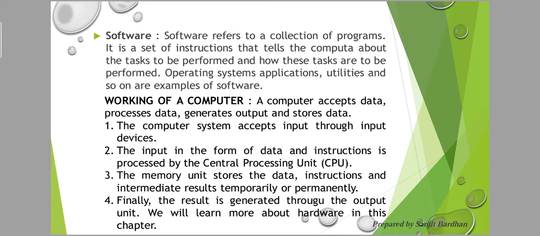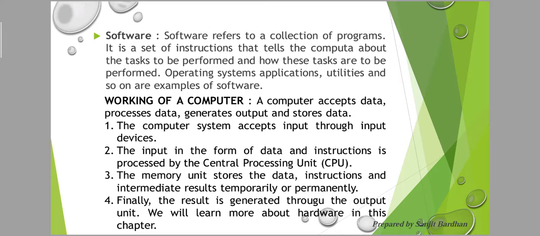We cannot touch or see the software. We can see and touch the hardware, but we cannot see or touch the software. Here are some examples of software: operating system, applications, some utility software and so on.